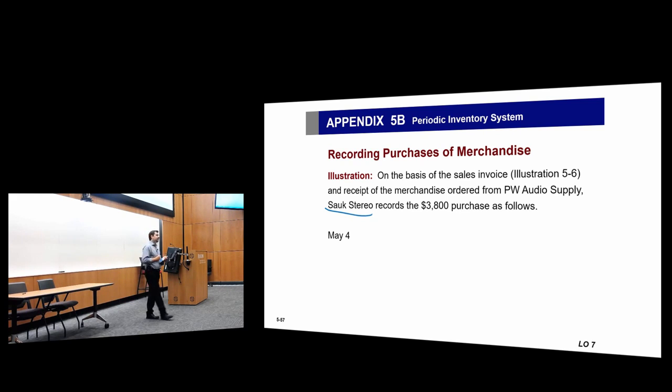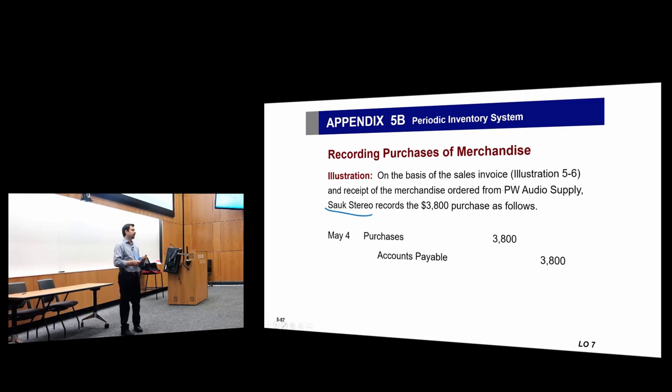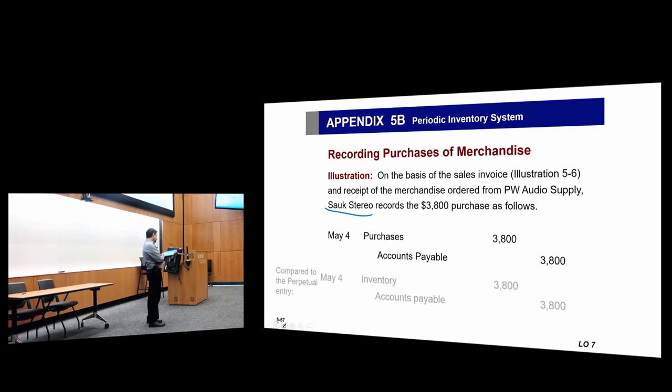So on that day, the company purchased for $3,800. So the company will debit an account called purchases, and we credit accounts payable because the company did not pay in cash. It was on account.